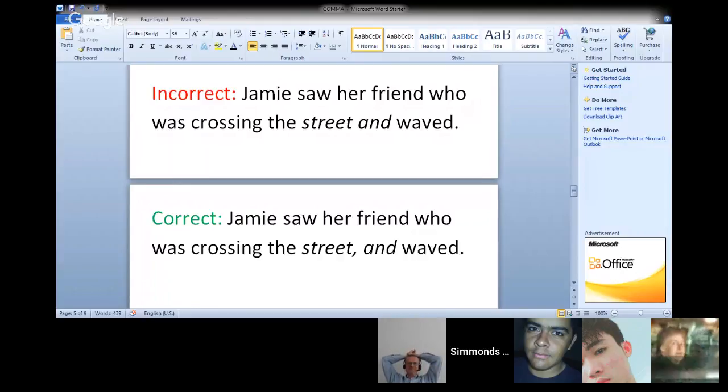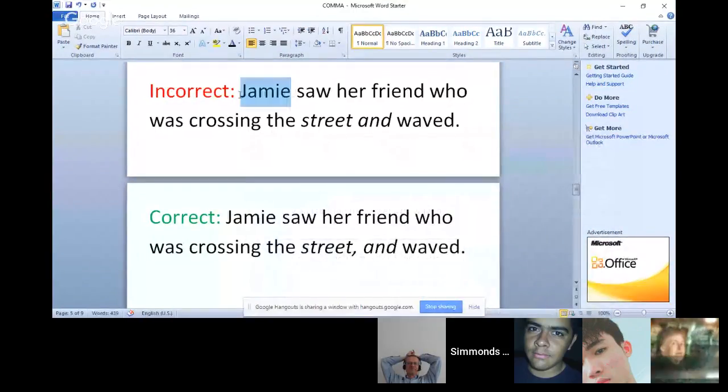And again, we don't need anything in between these two verbs because Jamie is still doing the action. Actually, you know, Thomas, I'm sorry, incorrect in this case because we need this comma, because Jamie waved. So it does depend on the context, but normally you wouldn't.